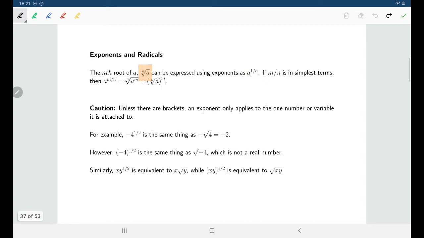And if we're talking about a power that's not just 1 over something, a power that's m over n, if that fraction's in simplest terms, then what we're talking about is taking an nth root and raising something to an mth power. And you can do that in whichever order you enjoy first. So you can either raise to the power of m and then take the nth root, or take the root first and then do the power afterwards.